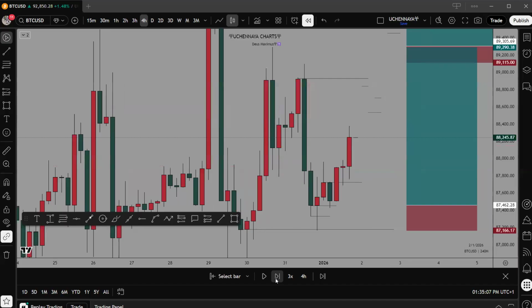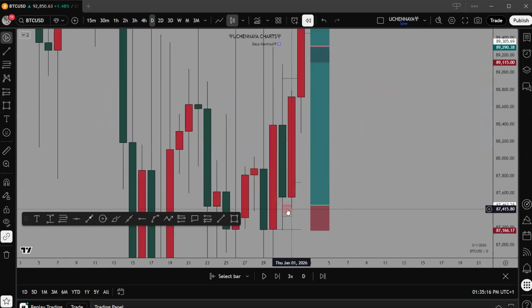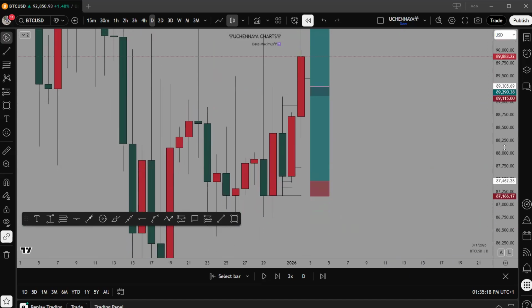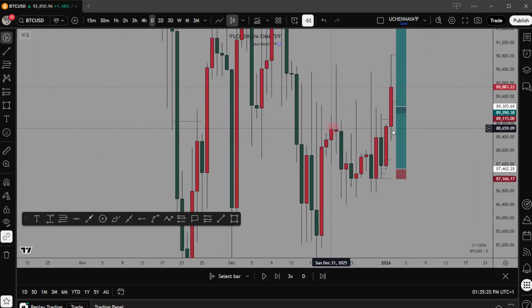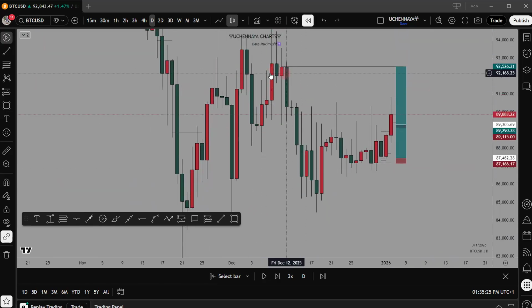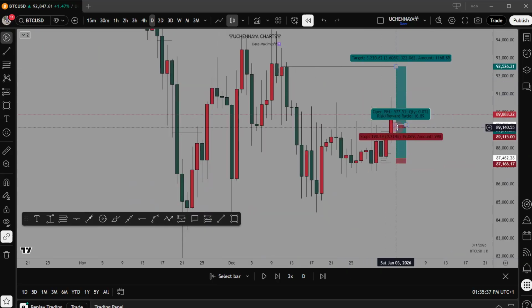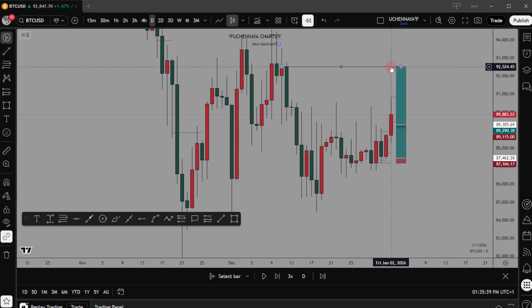So this is it, and you can see the push all the way to that point. Now where we will be looking to exit this trade, we entered here. We don't even have any fresh level around here. So we'll be looking to exit this trade here. This is the fresh level here. That is why when I bought from this level, I held it all the way to that level.